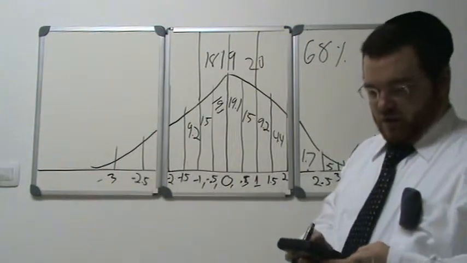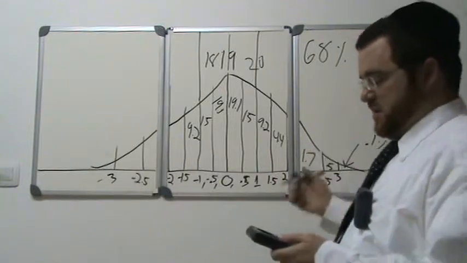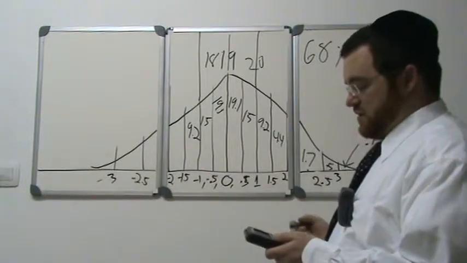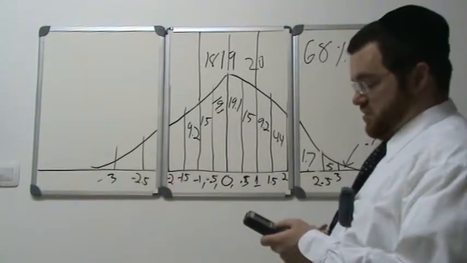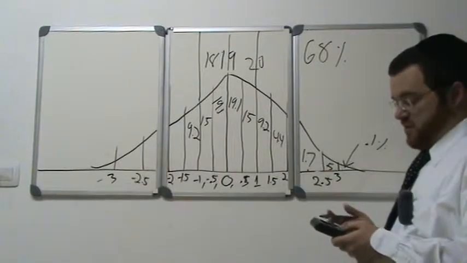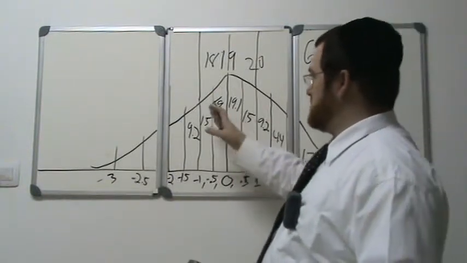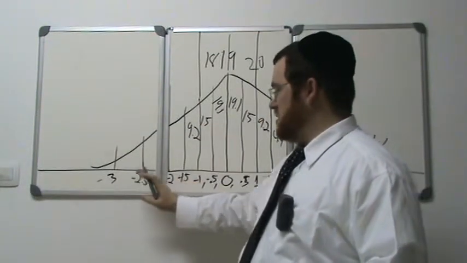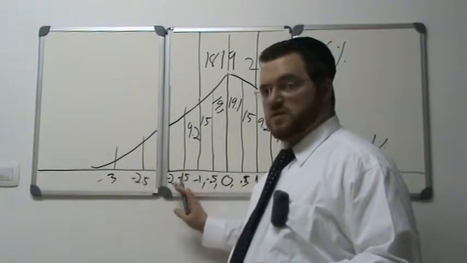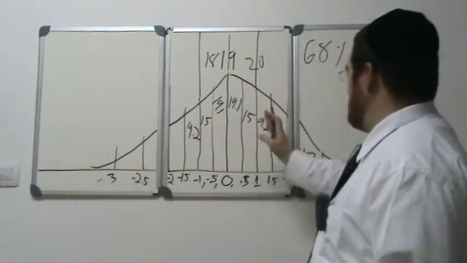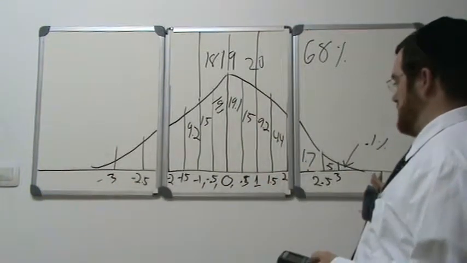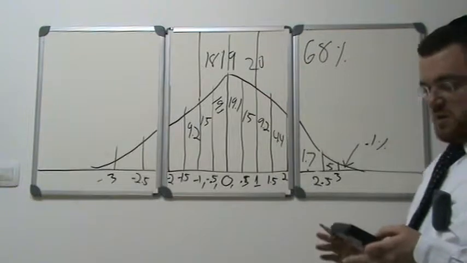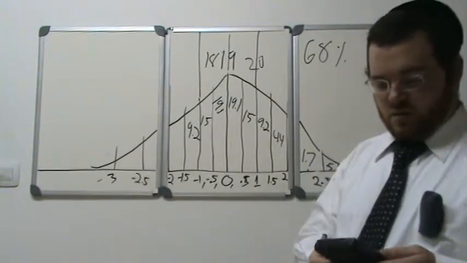So you put on your calculator 100 minus 68.2, and you'll get 31.8. That means beyond -1 standard deviation to the left, and beyond 1 standard deviation to the right, you have 31.8%.